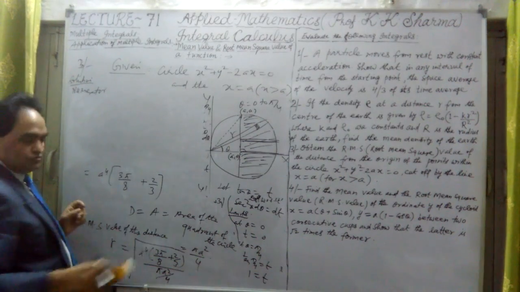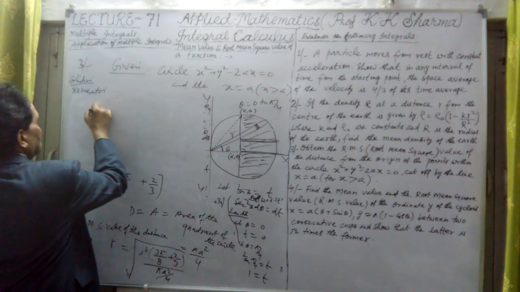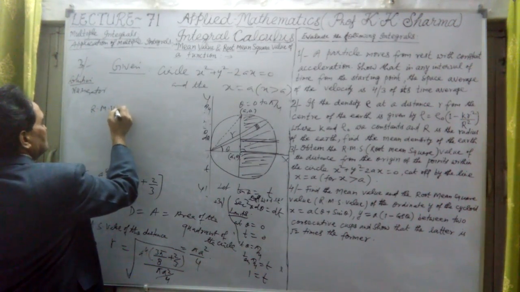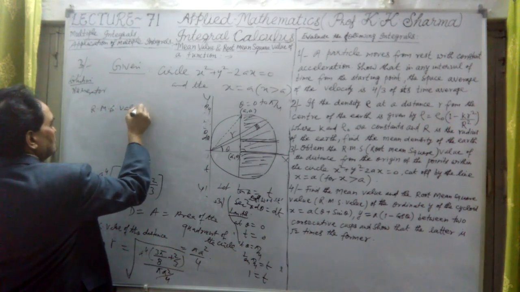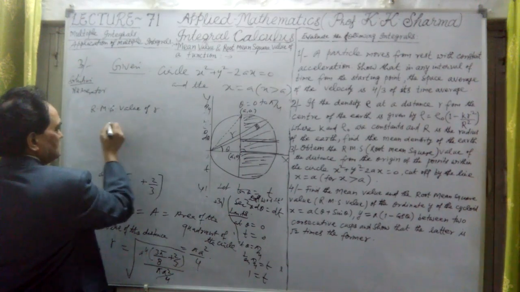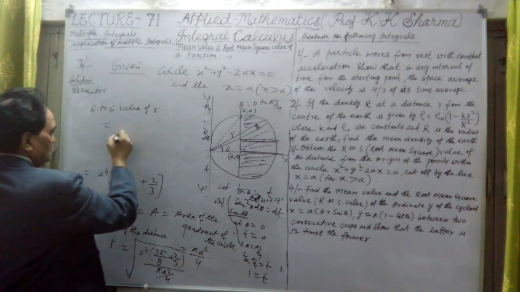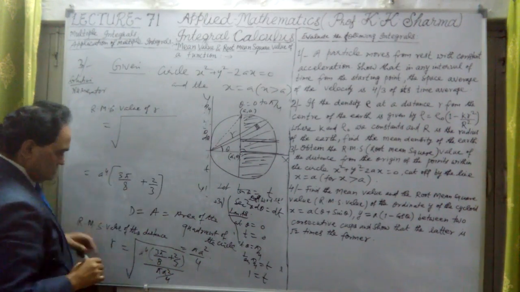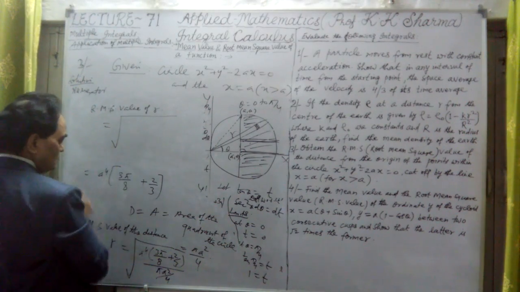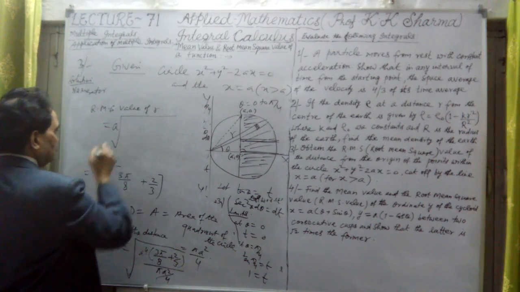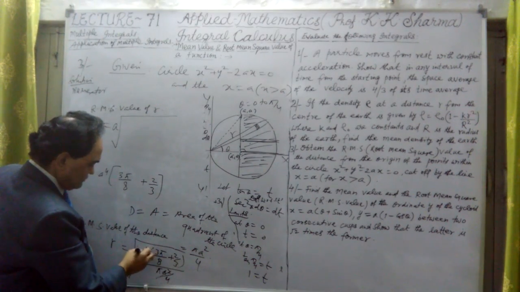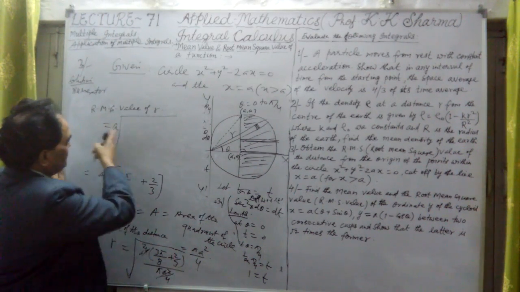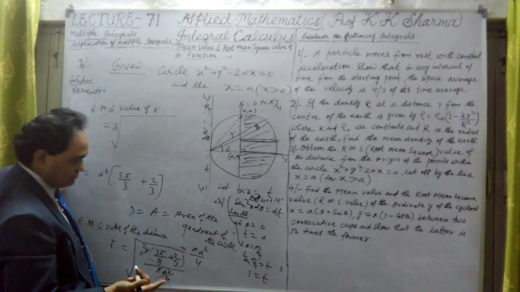So finally, the root mean square value of R distance is equal to, dividing a^4 by a square, only a will come out. Because this is a square, and a^4 means a square is left over. I have taken a outside because the square root of a square is a.